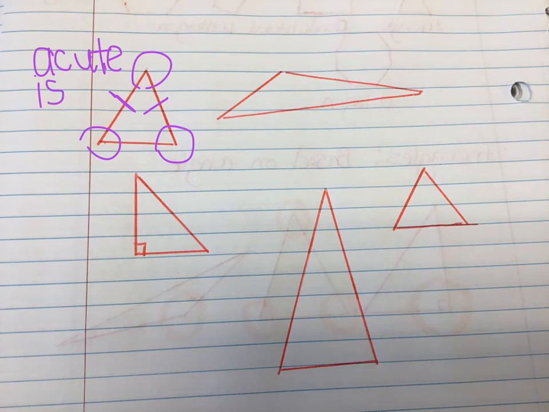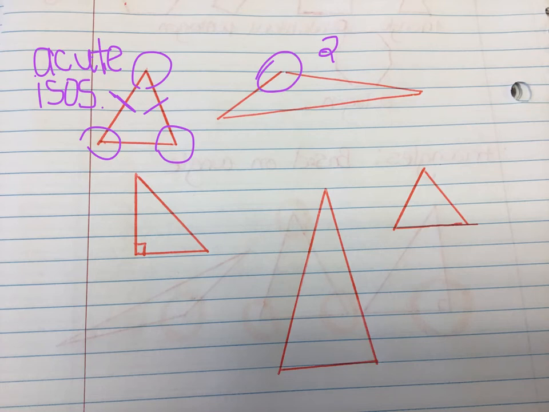So when we name triangles, we have to name them based on their angles and name them based on their sides. They get 2 names. This triangle is an acute isosceles triangle because 2 of the sides are the same and all the angles are less than 90 degrees.